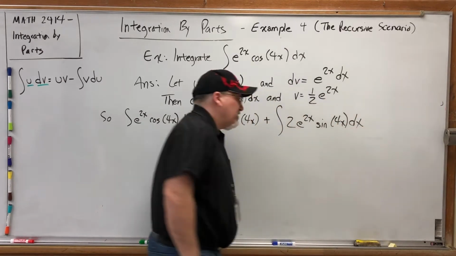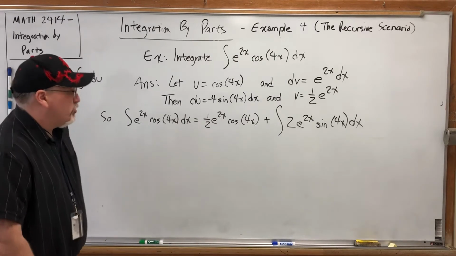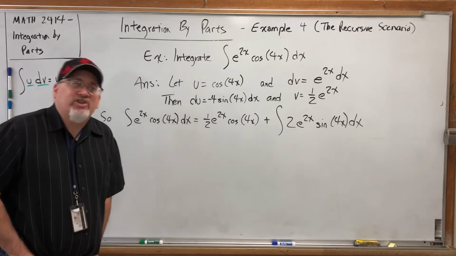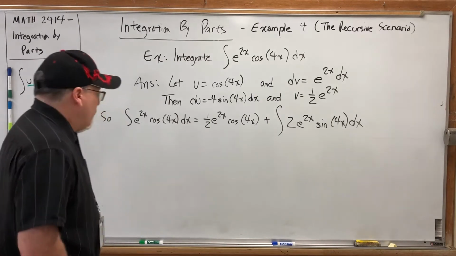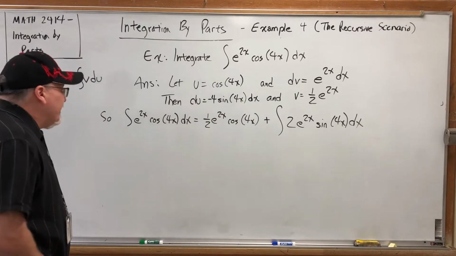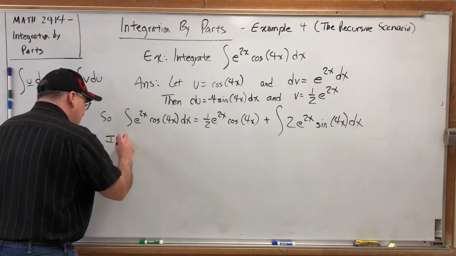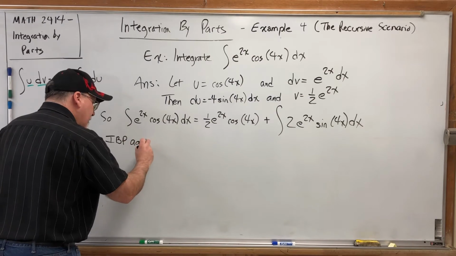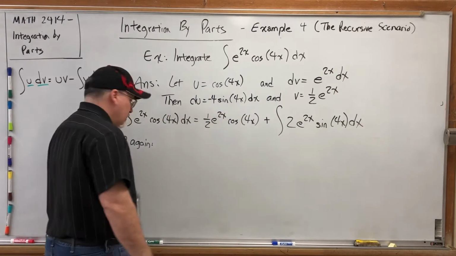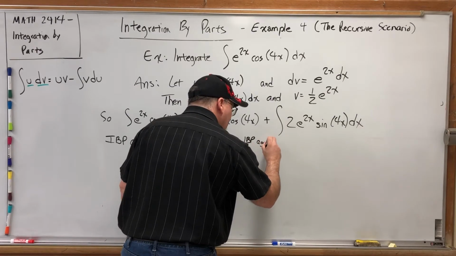Great, we're right back in the same situation we were at the beginning. We still have the exponential, we still have a trig function, it just happens to be sine. So are we just spinning our wheels? Well, it might look that way, but let's do integration by parts again.